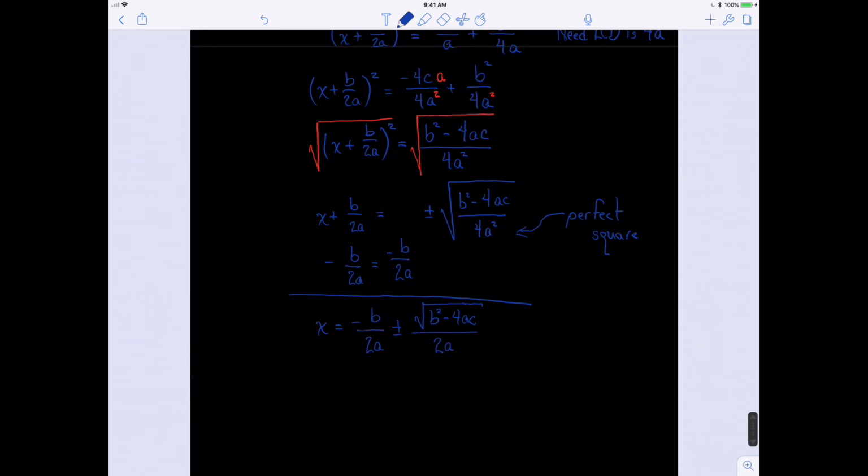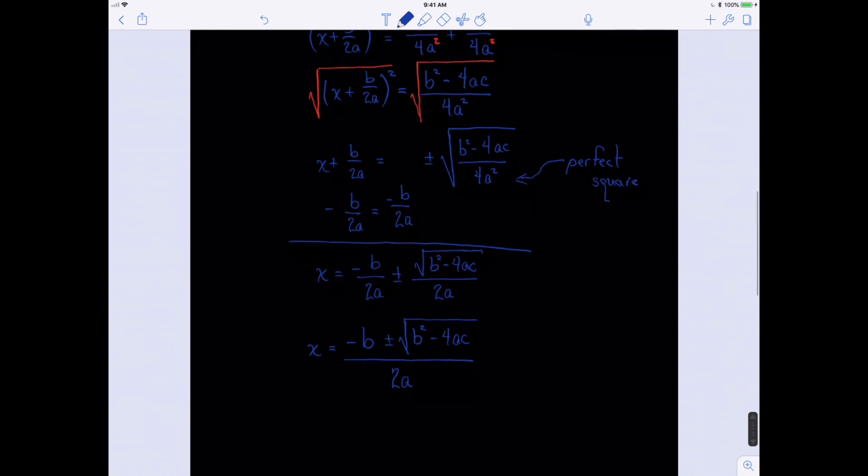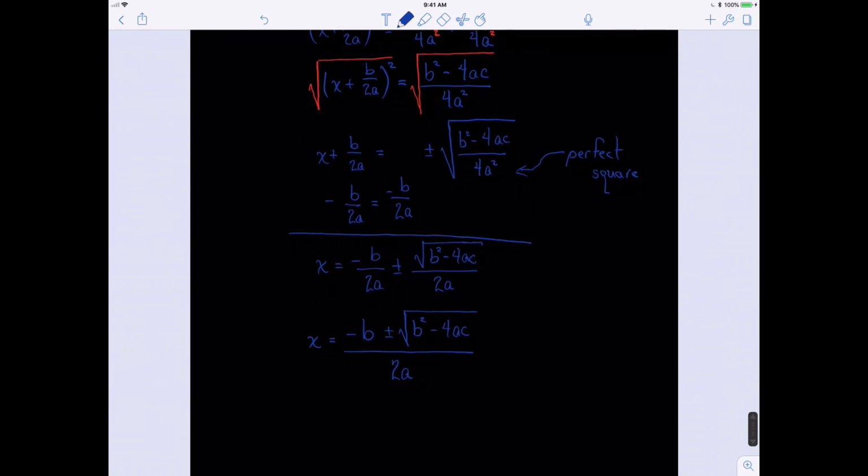You can leave it in two parts like this, or oftentimes you'll see people write it as x equals negative b, because I have a common denominator, plus or minus the square root of b squared minus 4ac, all of that divided by 2a. And that is what we call the quadratic formula.